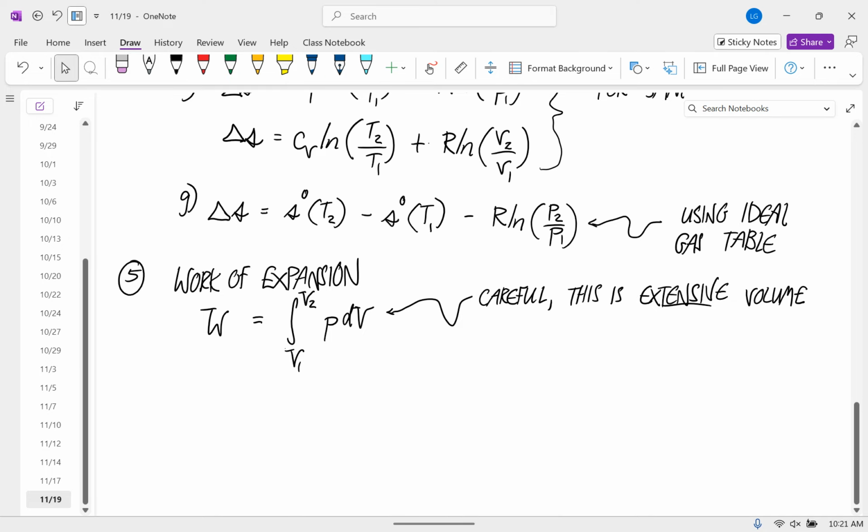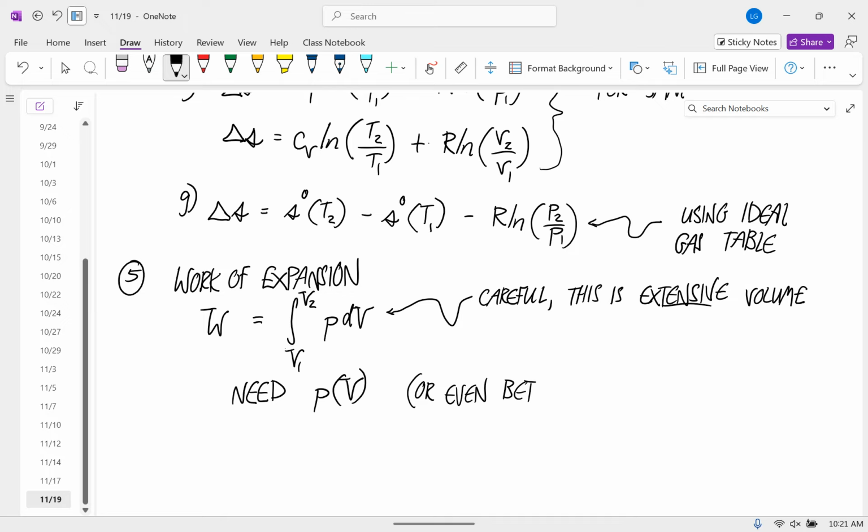What do you need in order to do this integral? Pressure as a function of volume. Exactly. So you need pressure as a function of volume. Or even better, if you're lucky, constant pressure.